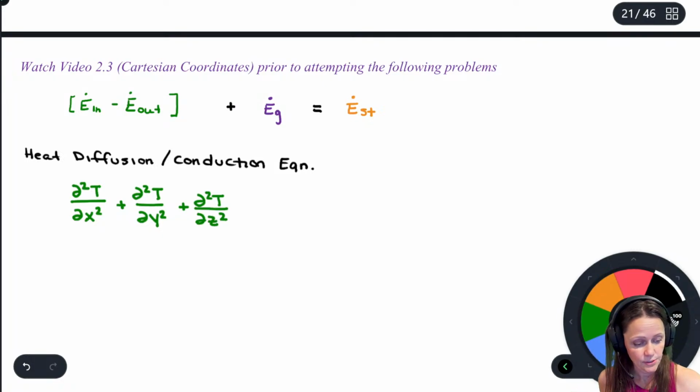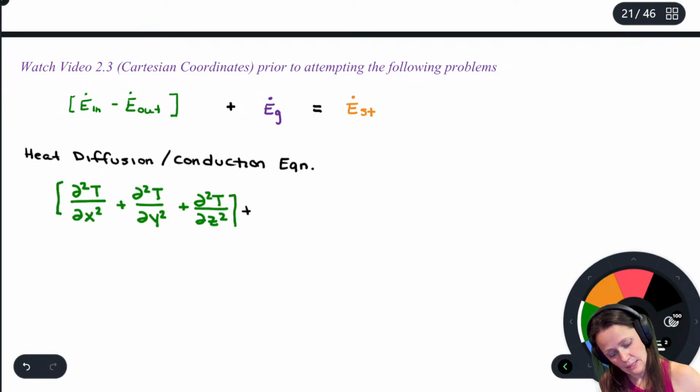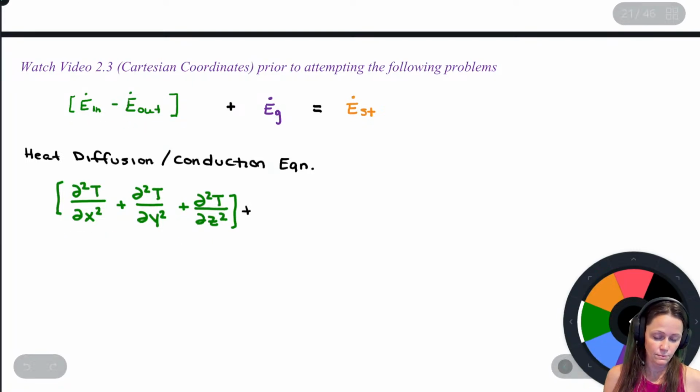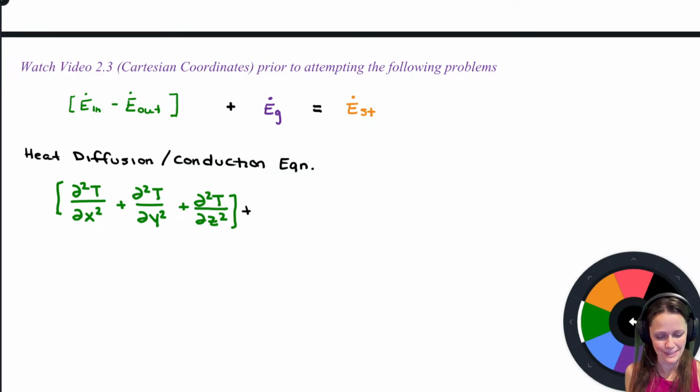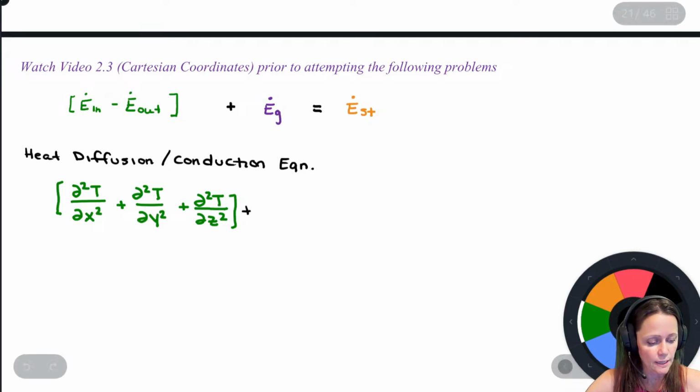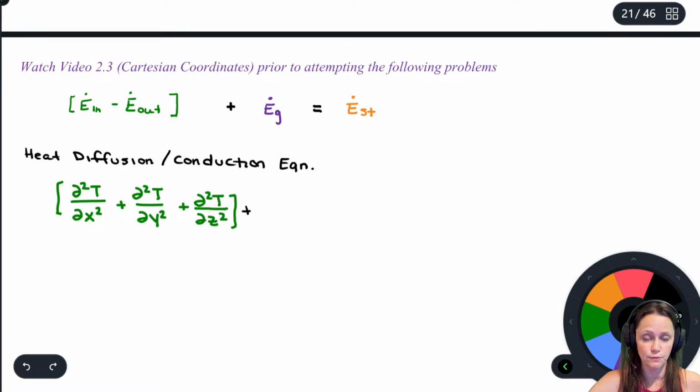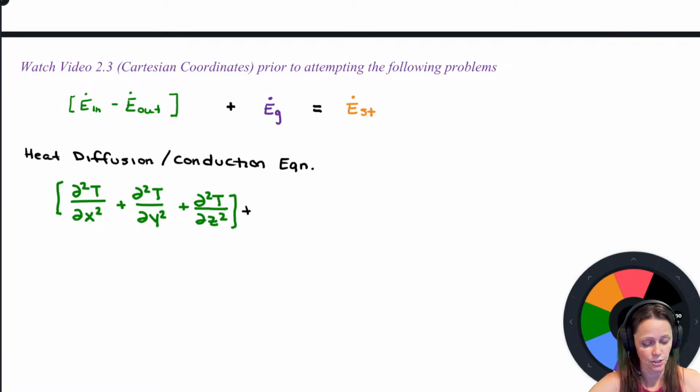All right, and so you can see, unless you're colorblind, this term and this term are related to one another. It's not the exact same, but the terms are related. So that first one is related to the net rate of heat conduction into the medium, plus the rate of energy generation.